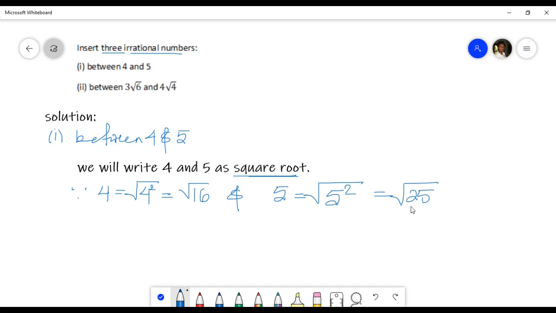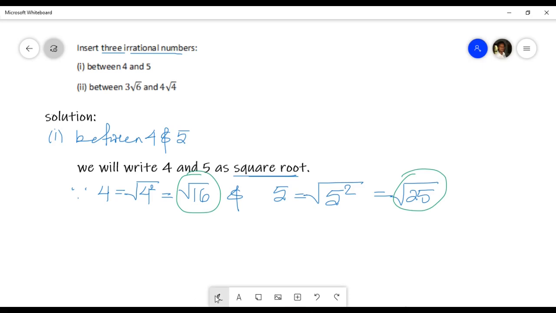So this is the first step we have to do when we have to insert three irrational numbers. The first thing is we will write those two numbers as square roots.